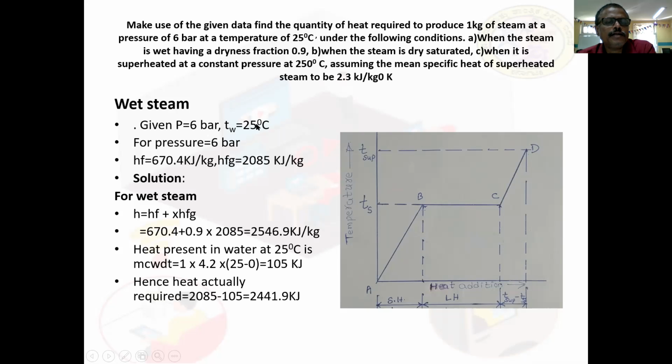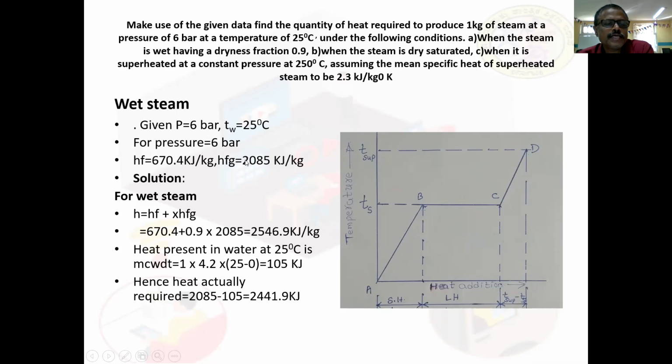For pressure equal to 6 bar, you have to make use of the steam tables and find HF, 670.4 kilojoules per kg, and HFG, the latent heat of vaporization, which is 2085. These things are obtained from steam tables corresponding to a pressure of 6 bar.